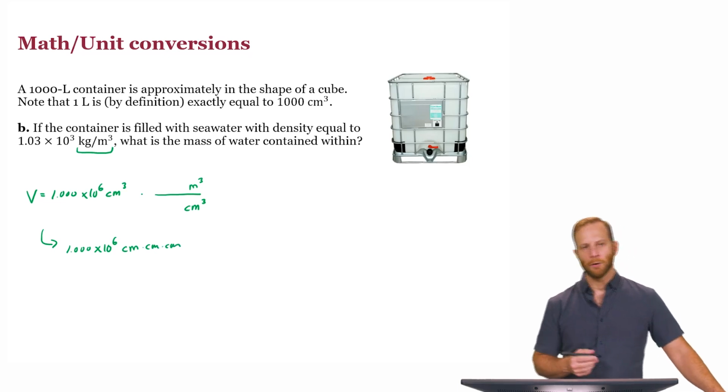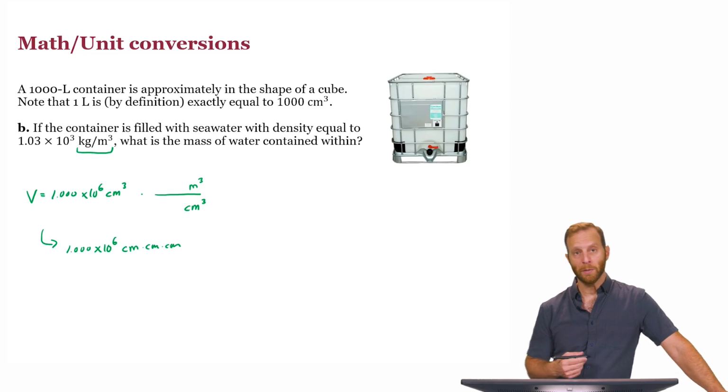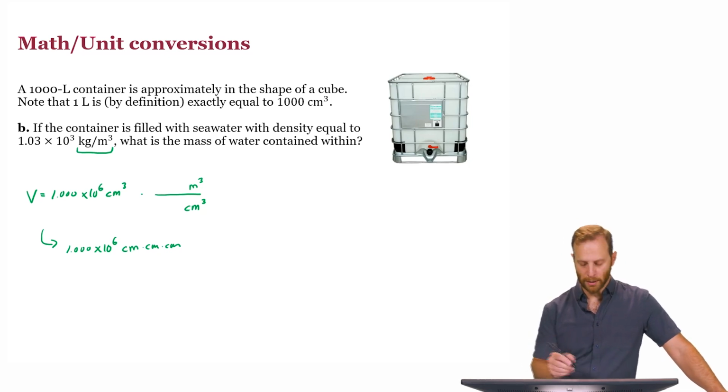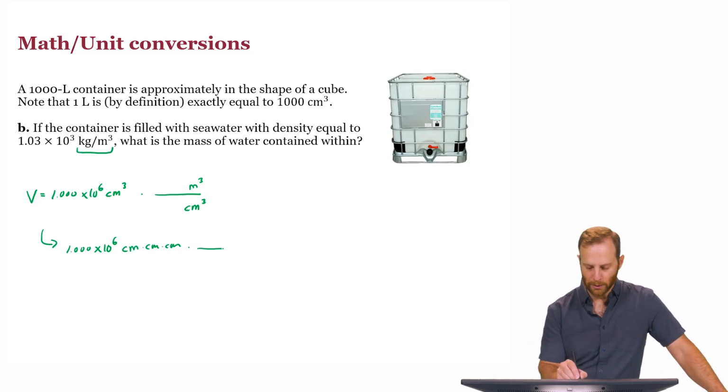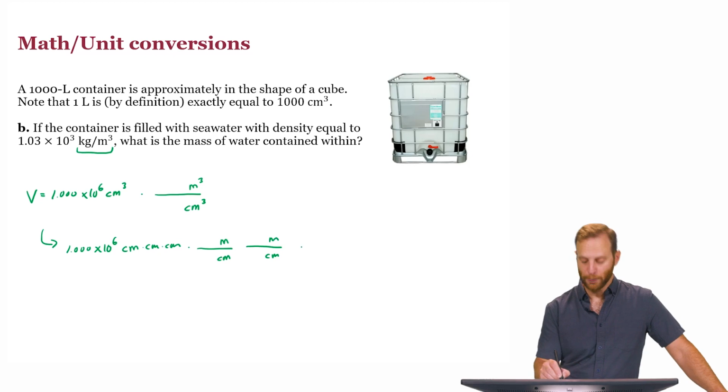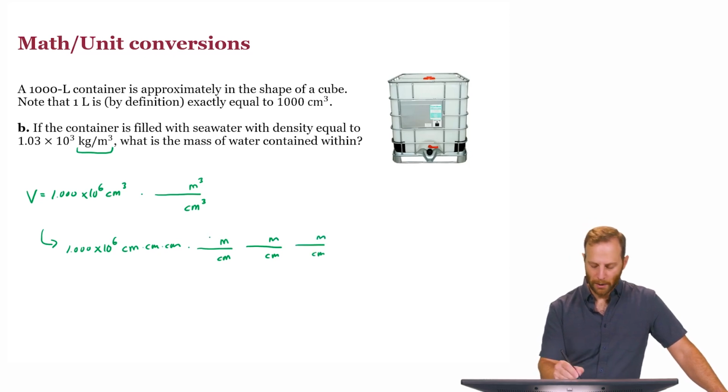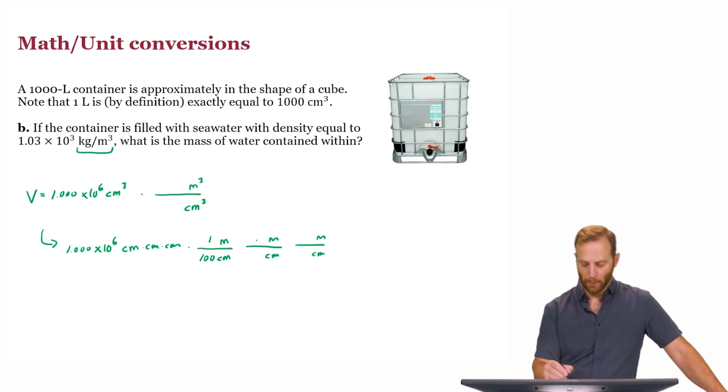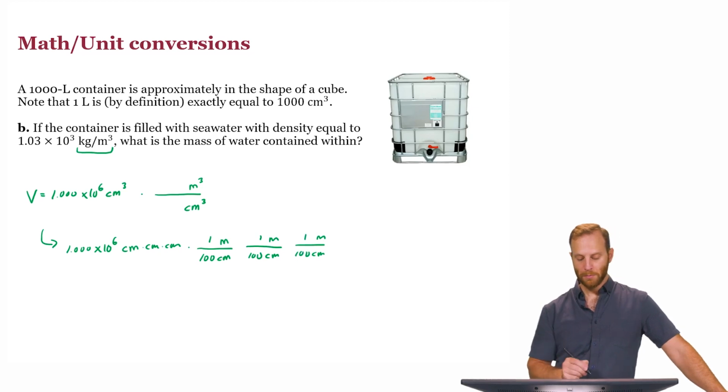That's a good reminder that when we go to convert from centimeters to meters, we have to do it 3 times. In other words, you can think of this as converting from centimeters to meters and doing it again and doing it again. It is for that reason that when we convert, we have a factor of 100 in the bottom, not once, not twice, but 3 times.